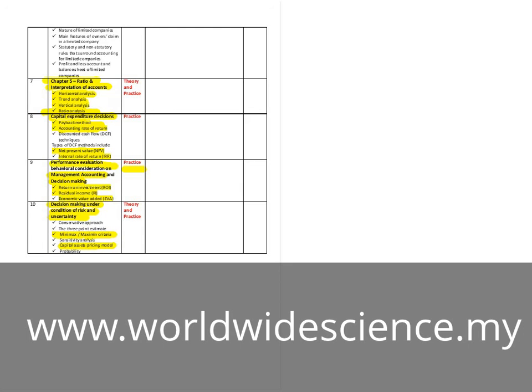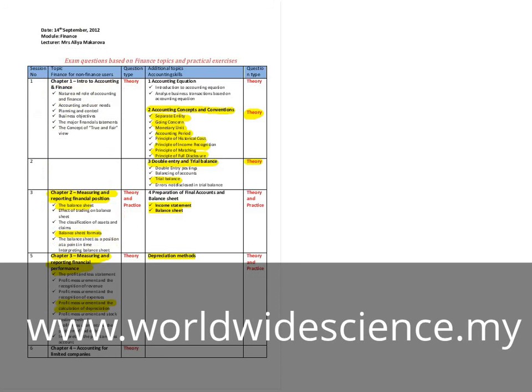That's all, I think. Because you have to know how you can make a decision on the project, and you should be able to prepare the income statement and the balance sheet, as we did already. Okay, so I think that's all.